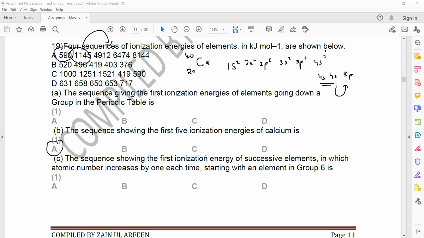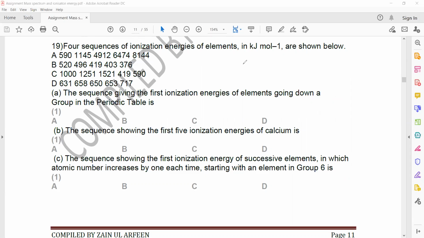The sequence showing the first ionization energy of successive elements in which atomic number increases by 1, starting from group 6. So the first element should be group 6, then group 7, then group 8, and after group 8 you will come to group 1 and then group 2. Moving across the period, the ionization energy increases. So for the first 3 elements, it should increase, and then as you change the period, there will be a decrease when moving from the third to the fourth element. Group 8 should have the highest ionization energy, and then as atomic number increases, you will have group 1 again, the next period's group 1 element.